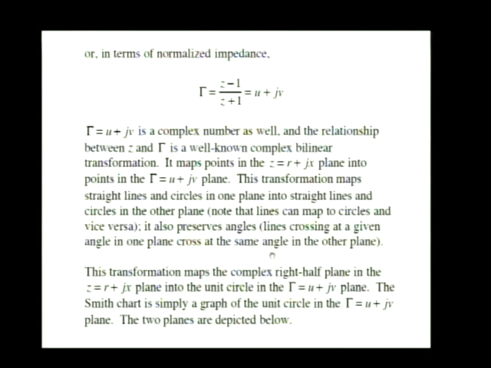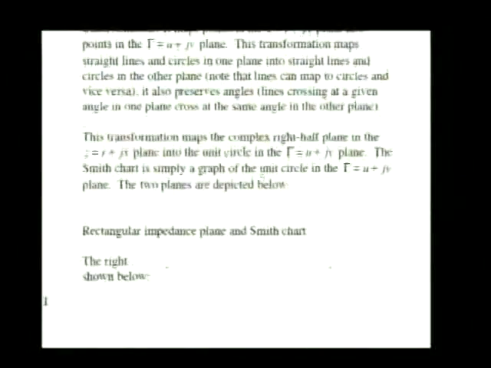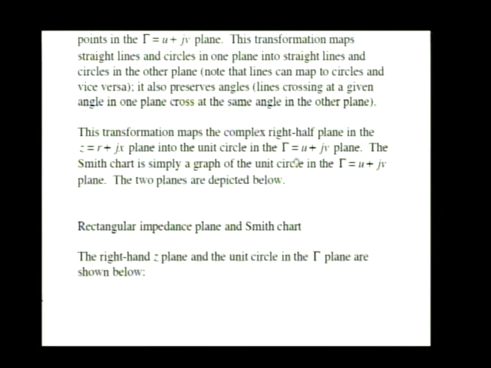And so, given the grid of the graph paper in the right half impedance plane, since those lines crossed at right angles, that's why I say the circles corresponding to those lines in the Smith chart always cross one another at right angles. A transformation that maps the complex right half plane in the z-plane into the unit circle in the gamma plane, that's the Smith chart. That's what I just got done drawing there.